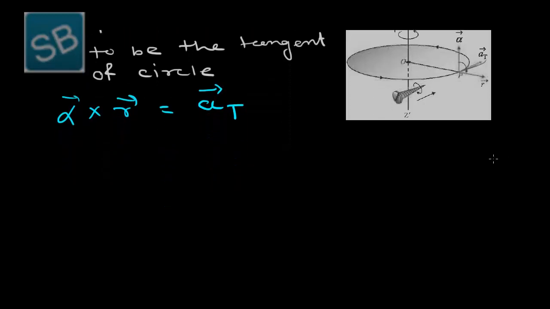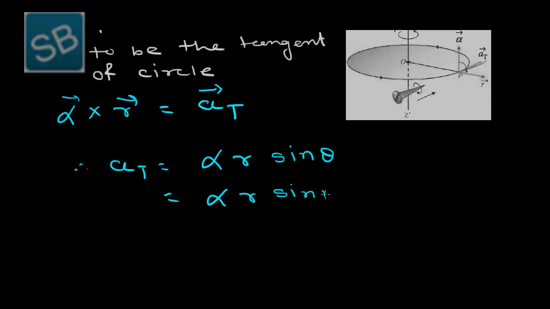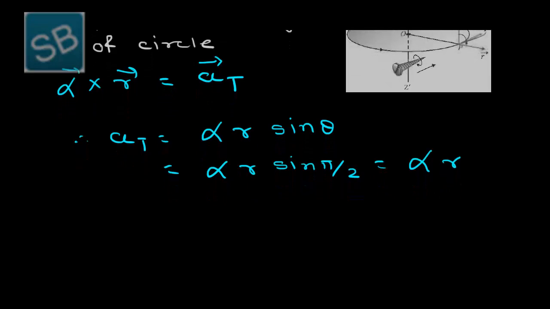If you want to find out the magnitude, then AT is equal to alpha r sine theta, where the angle between these two vectors is pi by 2. So that is alpha r. So this is the magnitude of the tangential component.